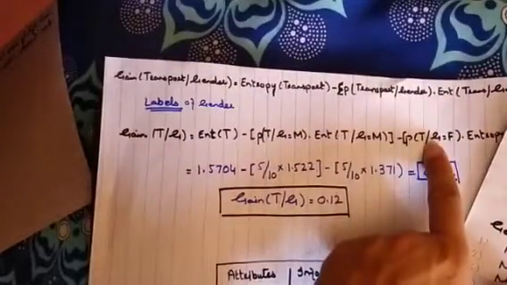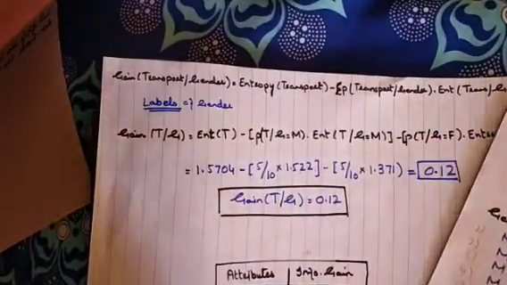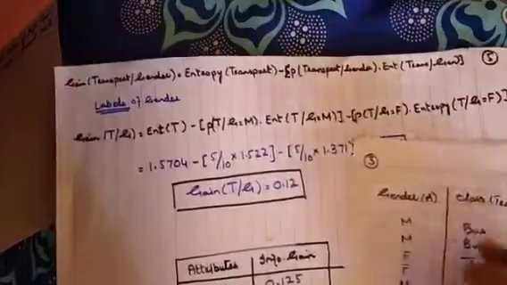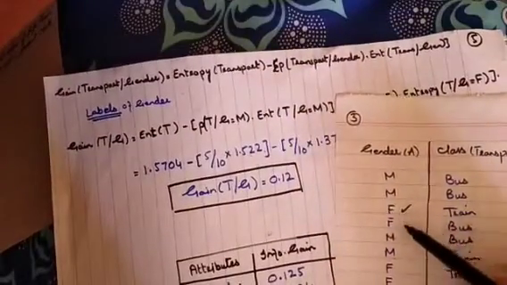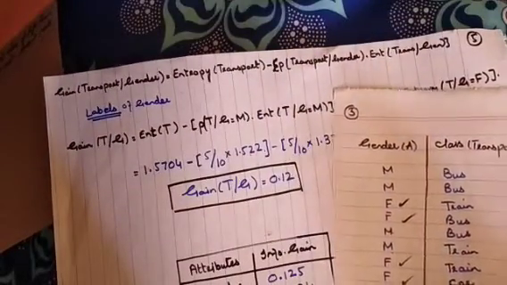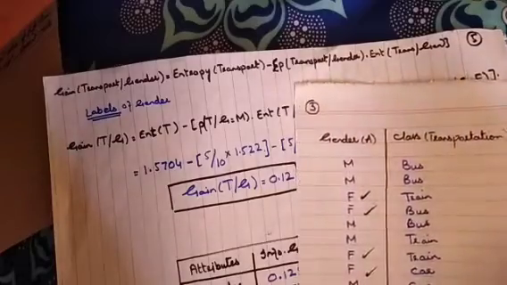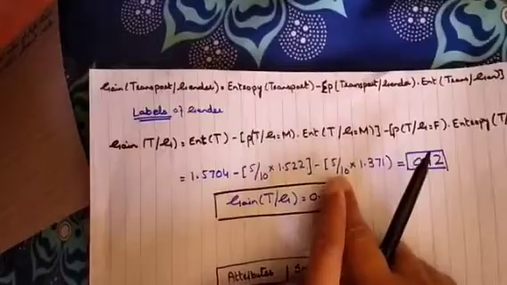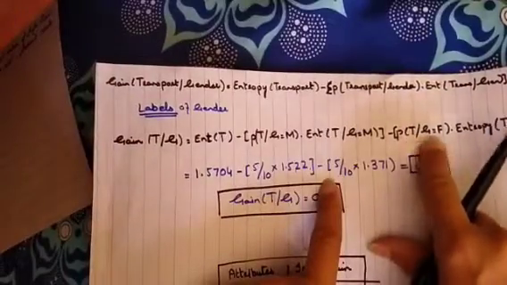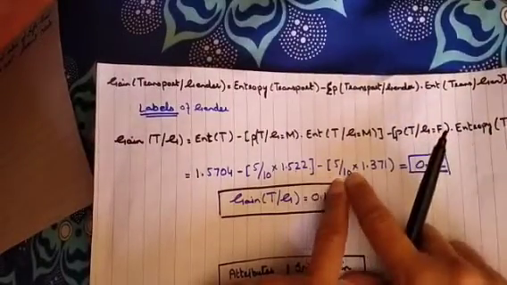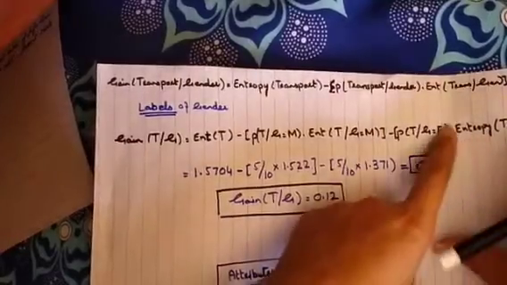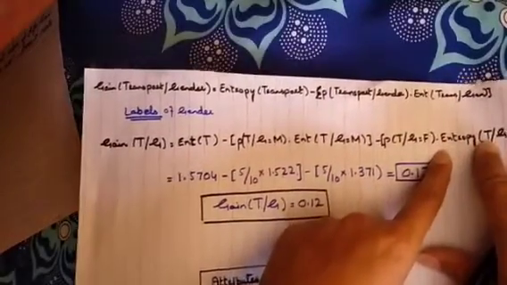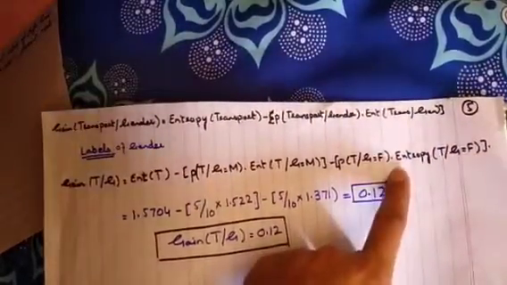Now we have to see the probability of the female based label. So we can see there are 1 2 3 4 5 labels female, और total हमारे पास कितने हैं, that is 10. So again we got the same probability for transport given that gender is female, which is 5 by 10, and then we have to take the product with the entropy of transport given that gender is female.